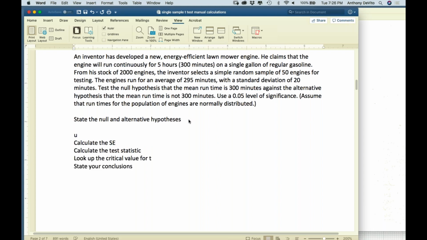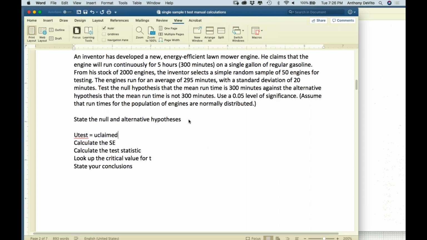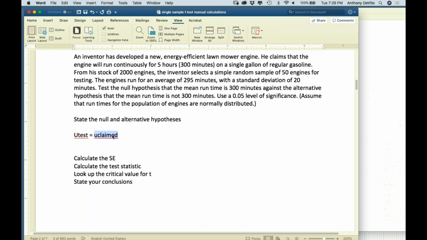Okay, so mu for our test is equal to mu that is claimed, right? What is the mu that's claimed? 300 minutes, right? I could leave it like this, or I could just change this to 300.